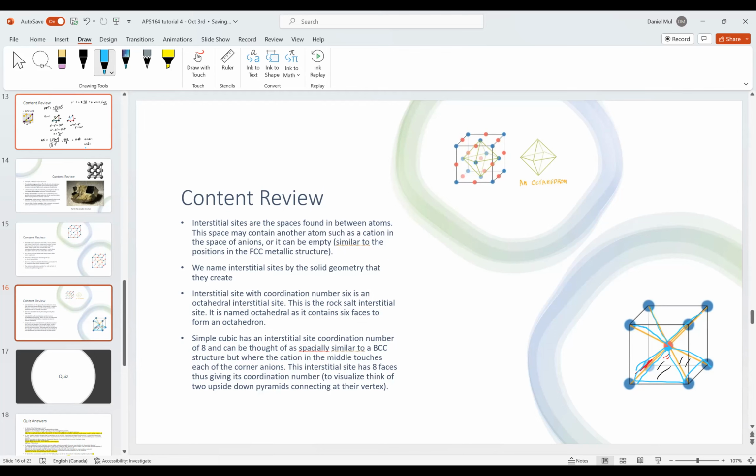So like that. And this pyramid has 4 up here, and then this has 4 down here. And that's why you get 8 faces, and that's why you have a coordination number of 8. I think that's how I see it. Does everybody get that one? Okay, good.